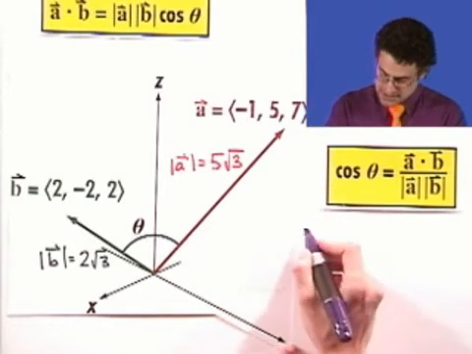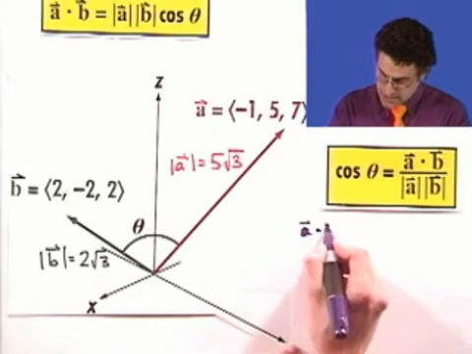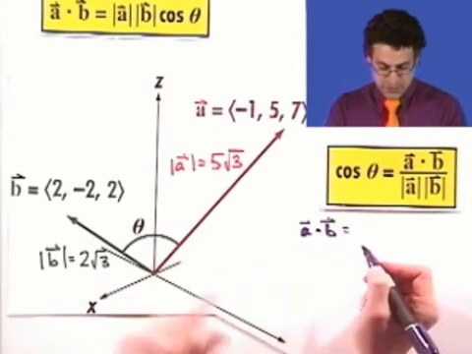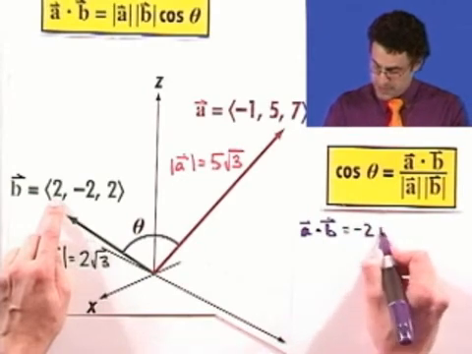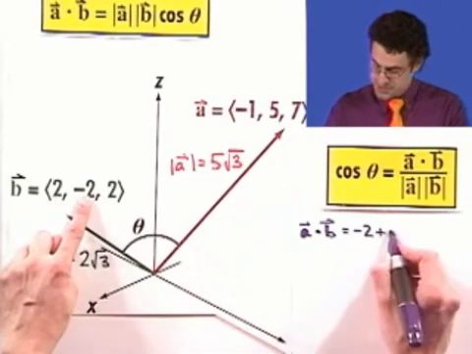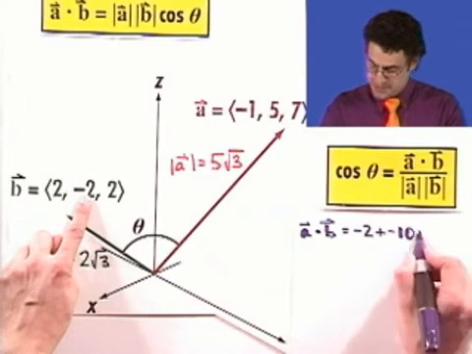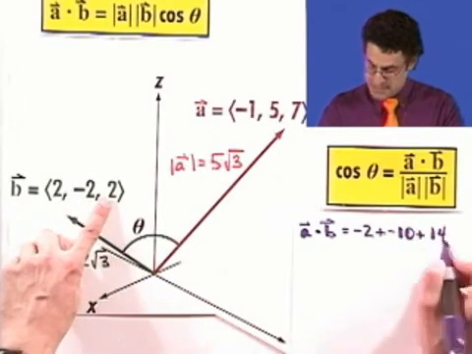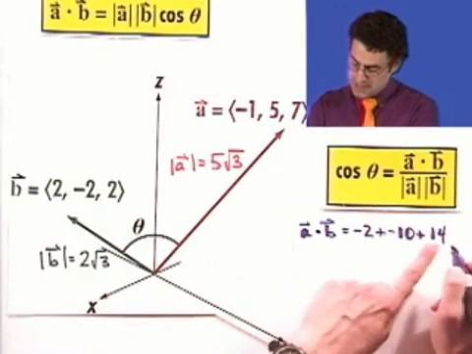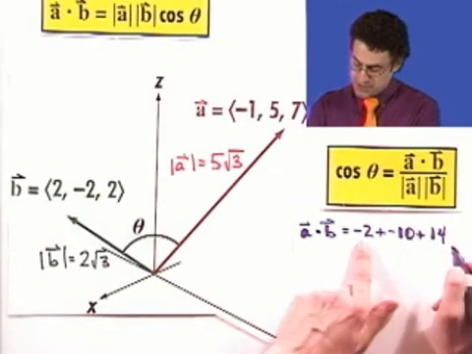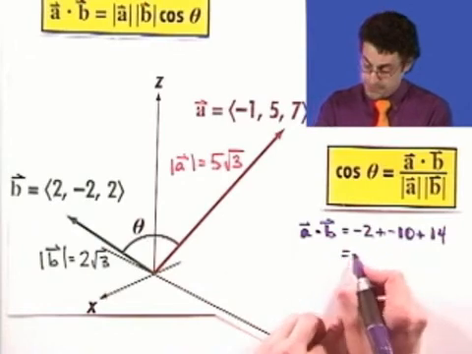And so what I see is that A dot B is equal to 2 times negative 1, which is negative 2, plus negative 2 times 5, which is negative 10, plus 2 times 7, which is 14. And so what do I see here? I see 14 minus 10 minus 2, which just gives me 2.